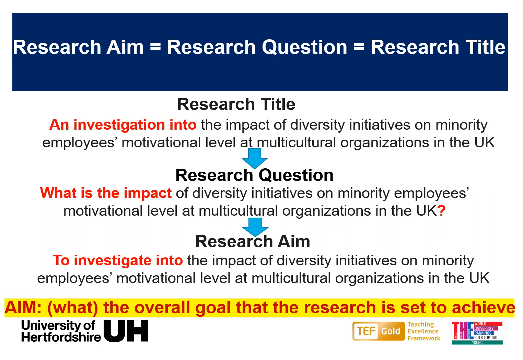So the research aim is set to investigate into the impact of diversity initiatives on minority employees' motivational level at multicultural organizations in the UK. So research title, research question, research aim, they're all the same thing. It's just the way you format them that is slightly different. An aim always starts with 'to' because that's what you set to achieve.